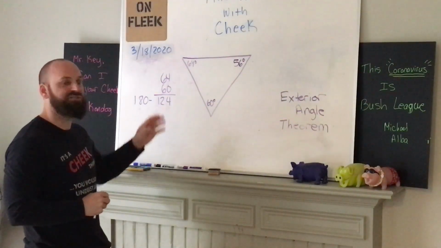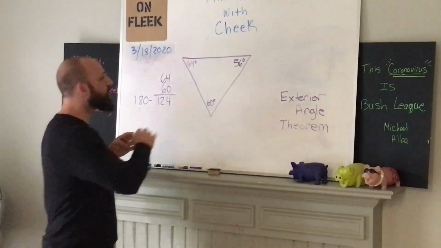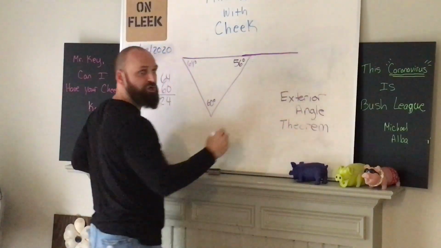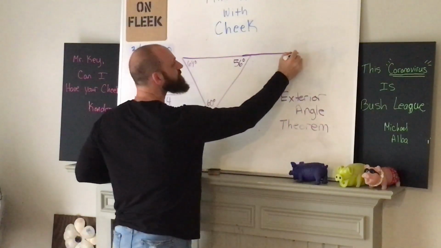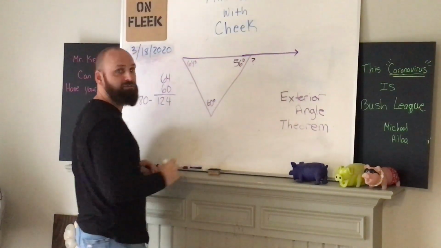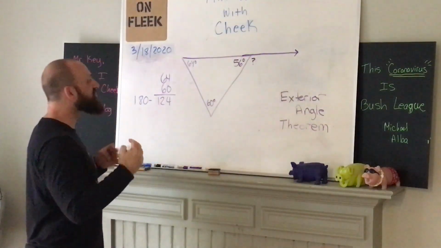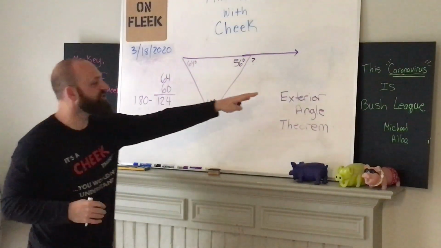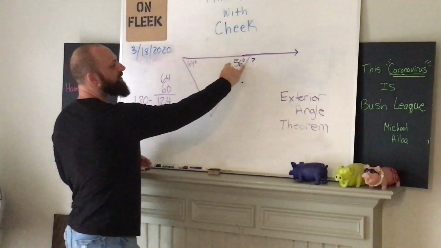Now what we're going to do is take one side of this triangle and extend that side to create an exterior angle right here. I'm going to show you how we find this exterior angle, and then I'm going to talk about the exterior angle theorem. These two angles are supplementary.